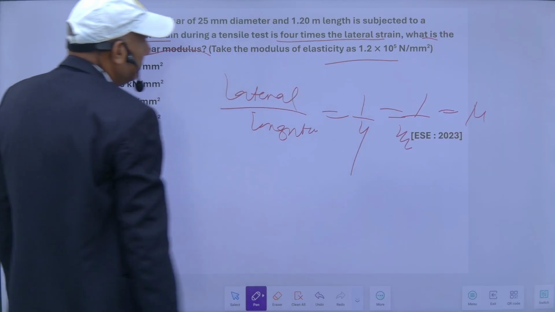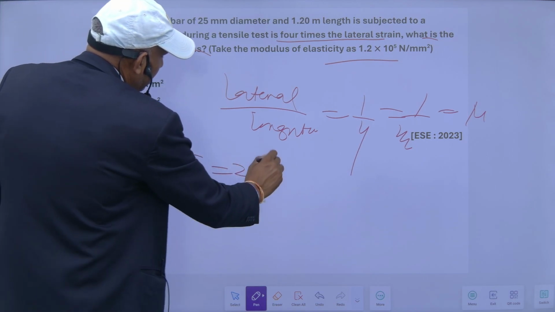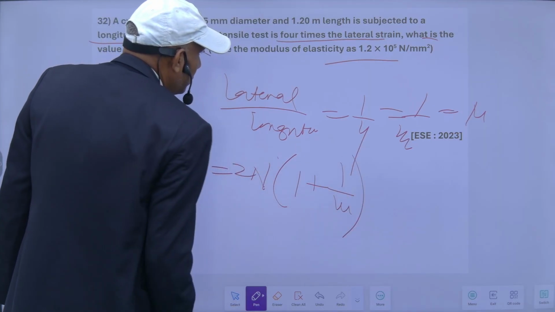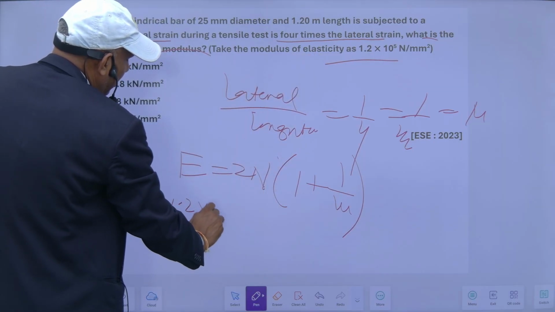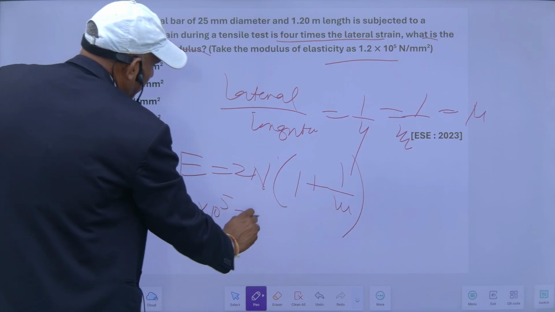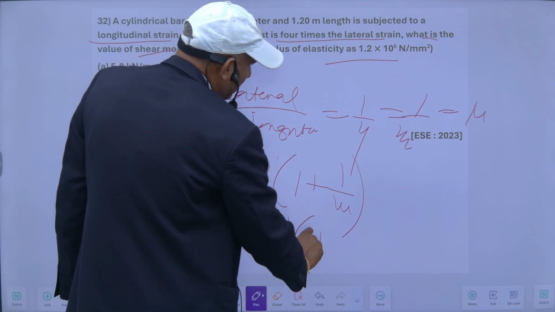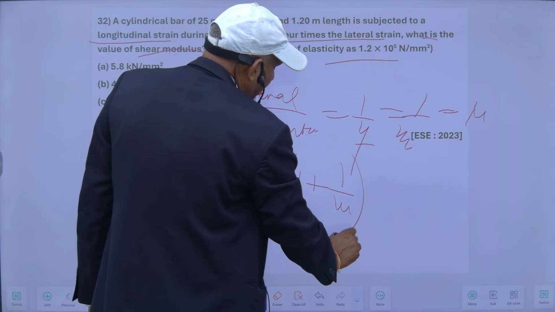E is given. So formula is E is equal to 2n into 1 plus 1 upon m. So E is equal to 1.2 into 10 raised to the power 5 is equal to 2n, and I have to find n, into 1 plus Poisson ratio, which is 1 by 4. 1 by 4 means 0.25.